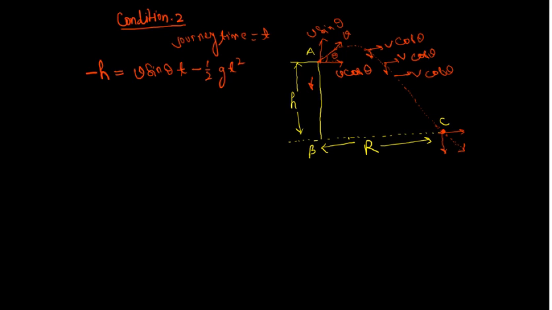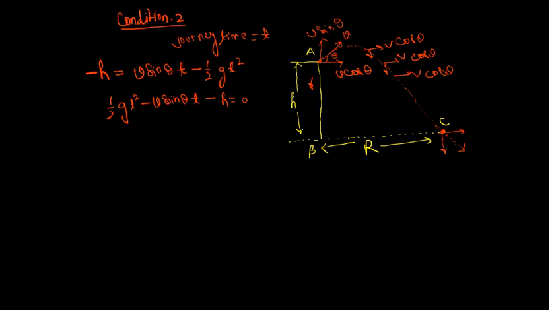I will rearrange it: half g t square minus v sin theta into t minus h is equal to 0.